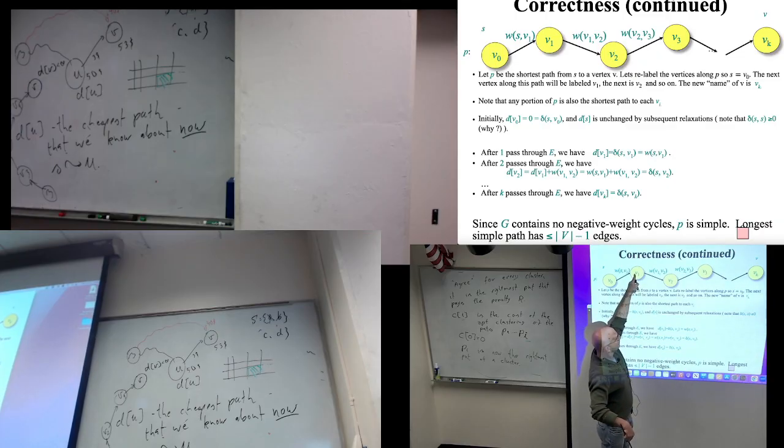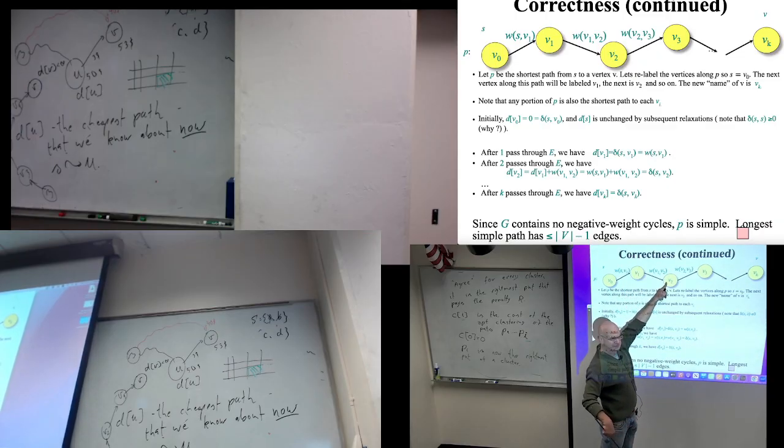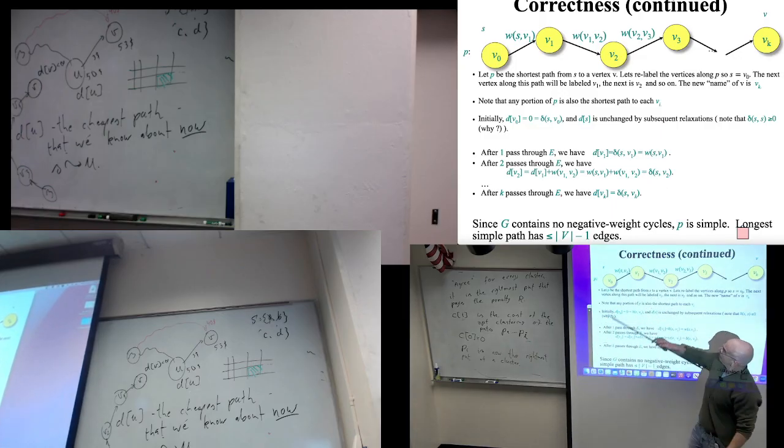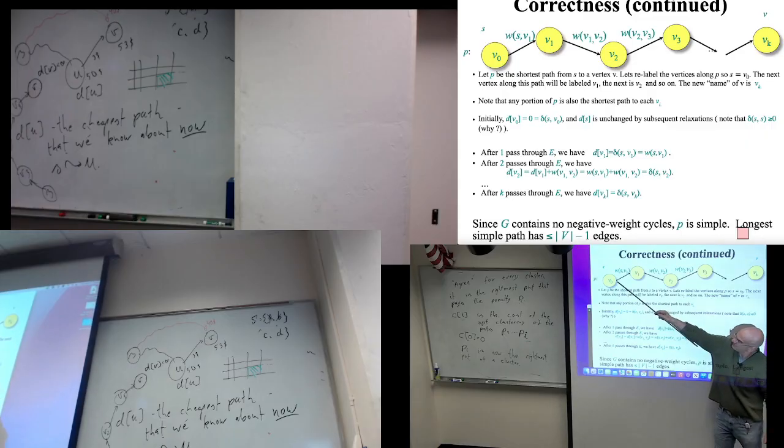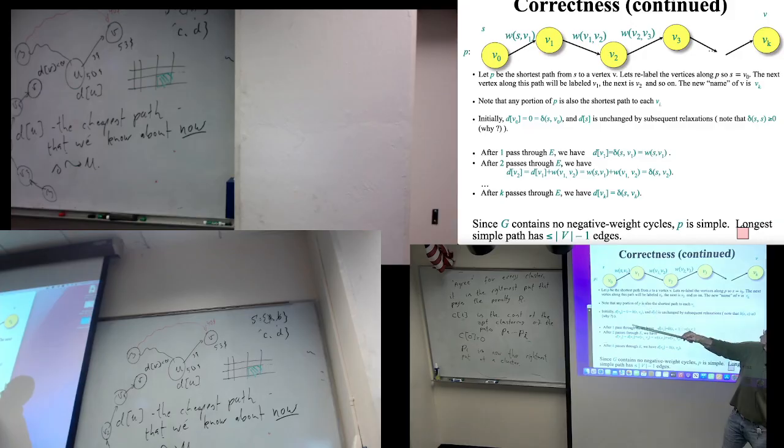Now, if V1 knows the distance to it, what is the shortest path to V2? Once again, part of an optimum is an optimum. The distance to V2 is just the cost of this edge plus the cost of this edge. If at some point after V1 knows the distance to it, I access this edge, then D of V2 cannot be larger than D of V1 plus W of V1 V2, and cannot be smaller because of the first lemma, implying it's exactly the distance to it.